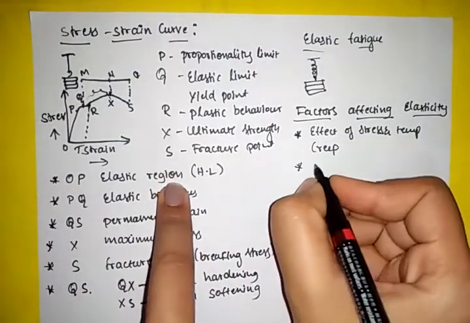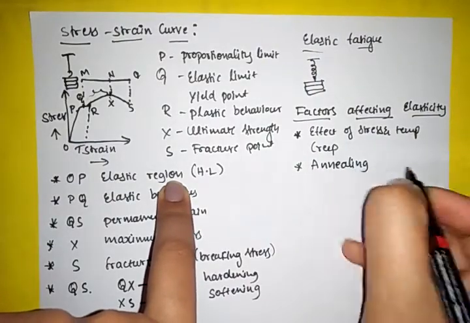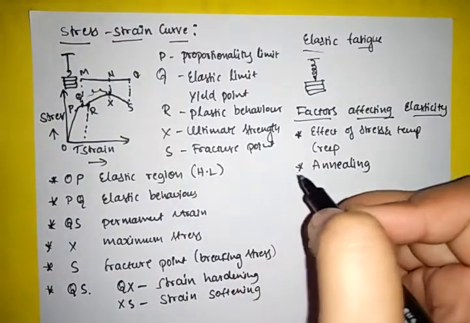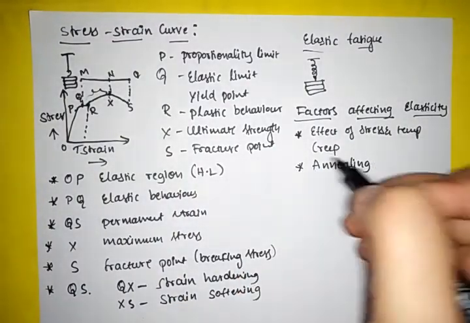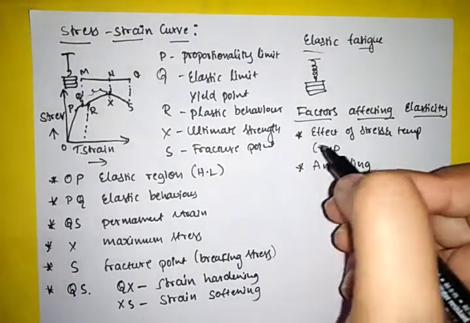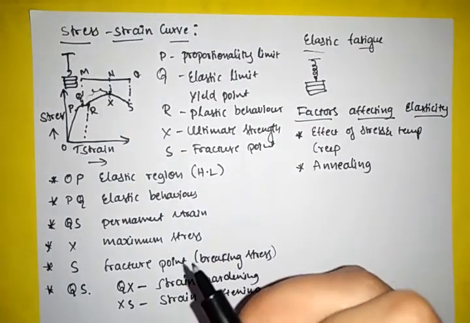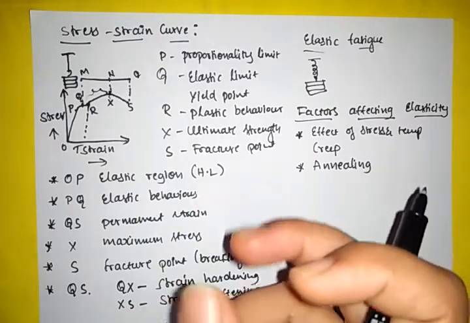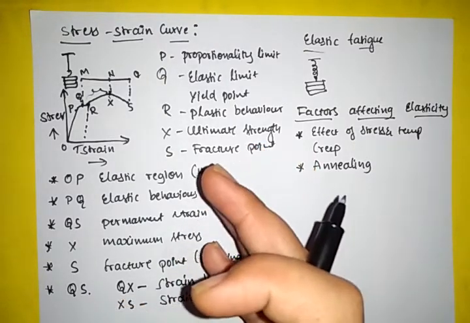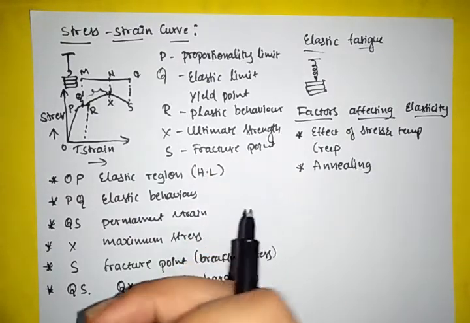Next point is annealing. What is meant by annealing? Annealing is a process of heat treatment for metals and alloys. In the process of annealing, the material is made soft by heating. All materials get softened while heating. Later it is cooled gradually. This gives the material good strength, hardness and toughness.